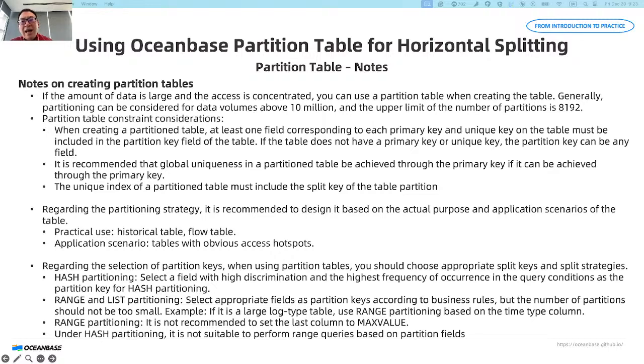It's recommended that global uniqueness in the partition table be achieved through the primary key, if it can be achieved through the primary key. The unique index of a partitioned table must include the split key of the table partition. Regarding the partition strategy, it's recommended to design it based on the actual purpose and the application scenarios of the table.